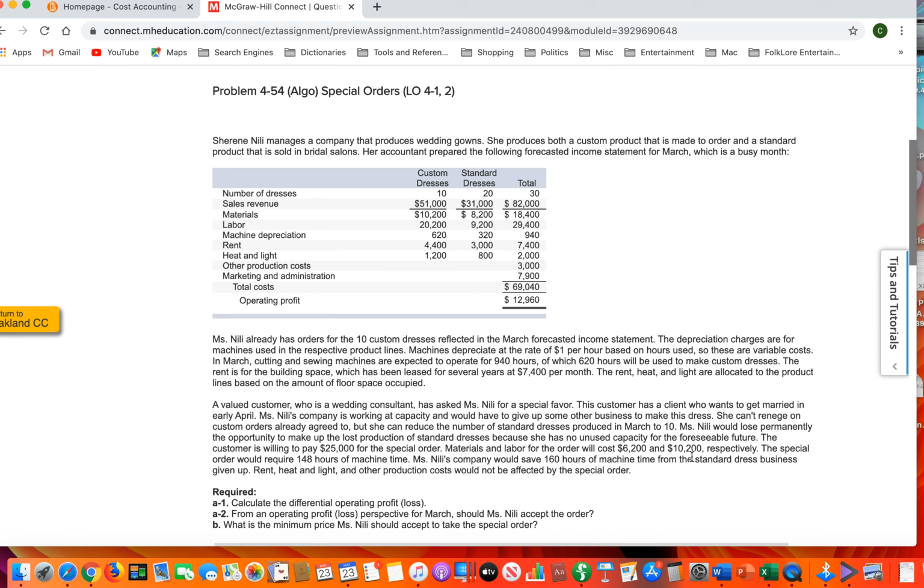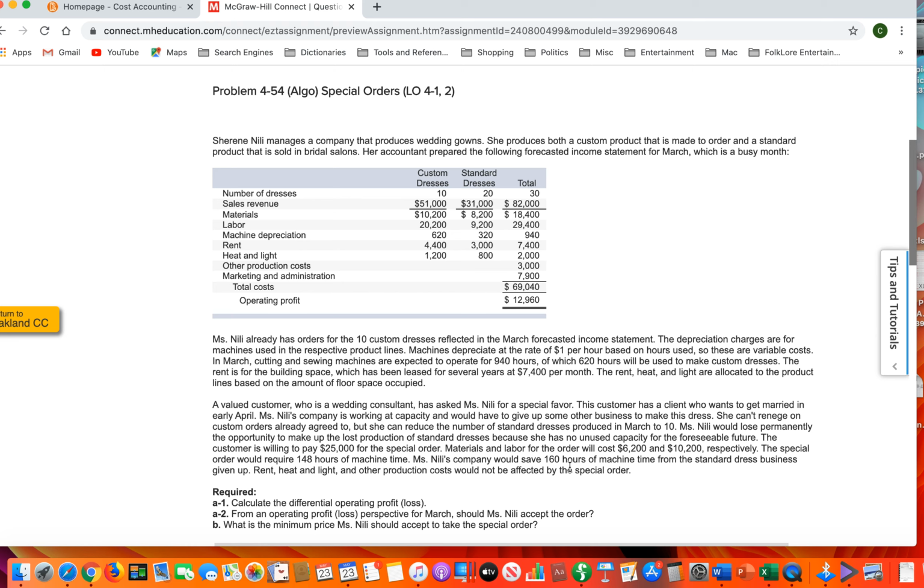The direct material is $10,200. And the overhead is 160 machine hours, and I think it's $1 per machine hour, or $160.